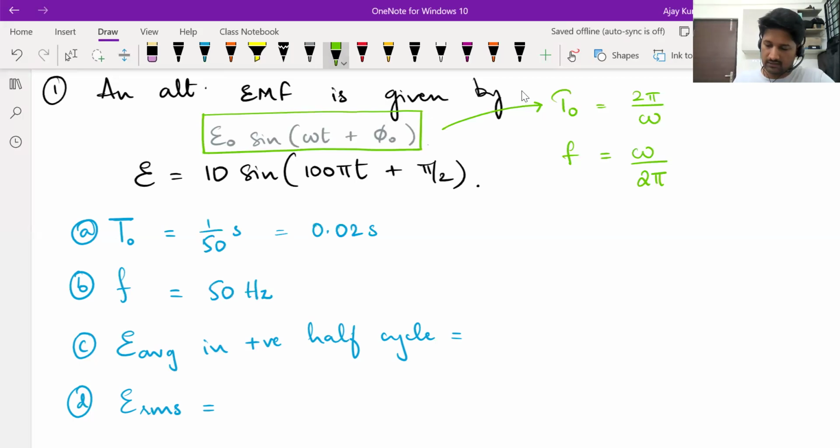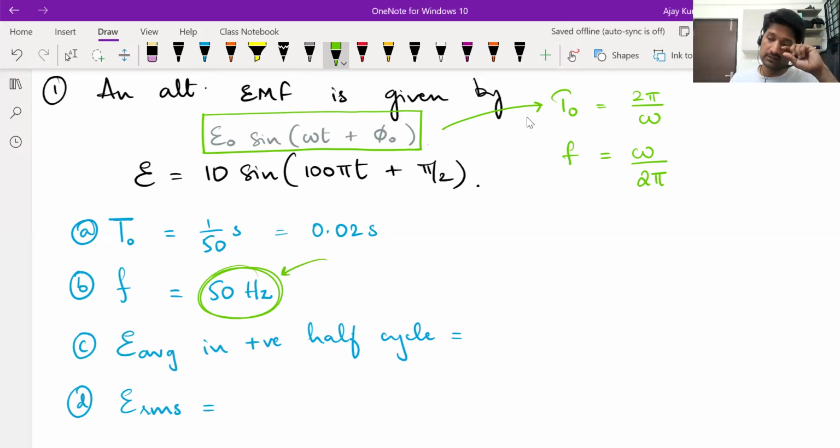See, I was telling you in the last class and the class before that also, the current or the voltage that we get in the household power socket is an alternating voltage. Fine. And the usual power that we get in India has this frequency of 50 hertz.